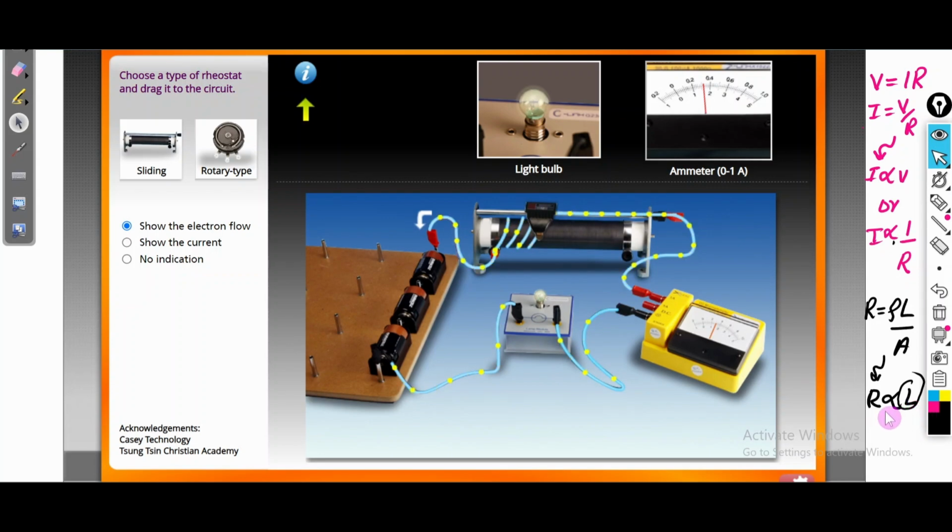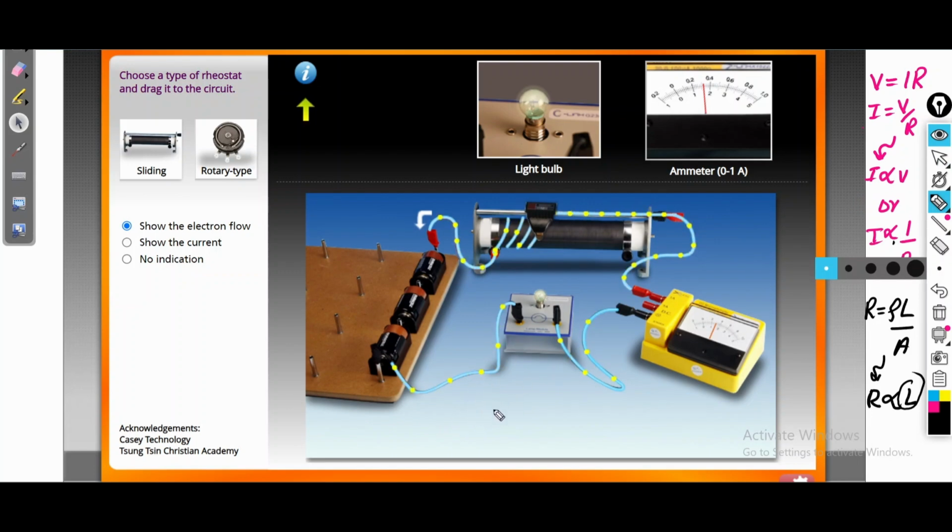If the length of the wire increases, the resistance will increase, and from this relation the current passing through this resistor will decrease, and the intensity of this light will decrease. Through the explanation it looked like confusion, but this is very simple.